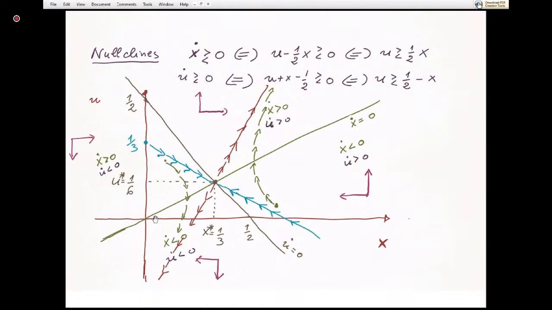Suppose that the initial level of x0 is here, which is much less than the optimal long run level. The initial level of the flow must be here, in such a way that you are in the stable arm. Next, the movement will be in this direction.